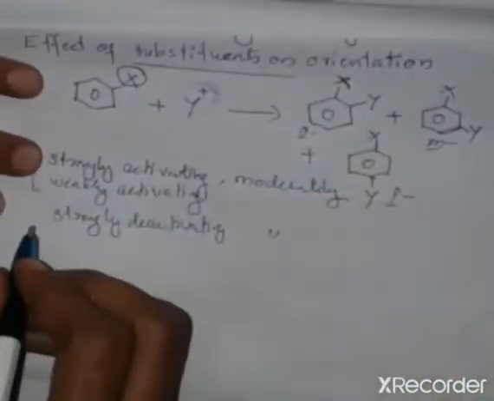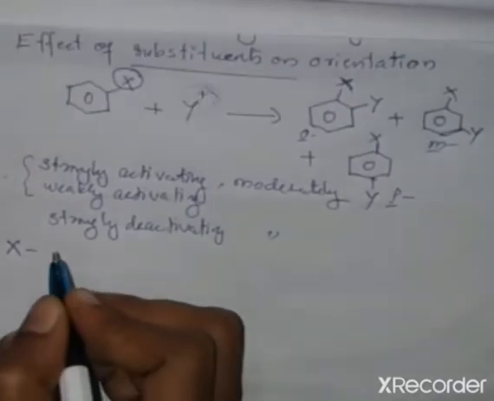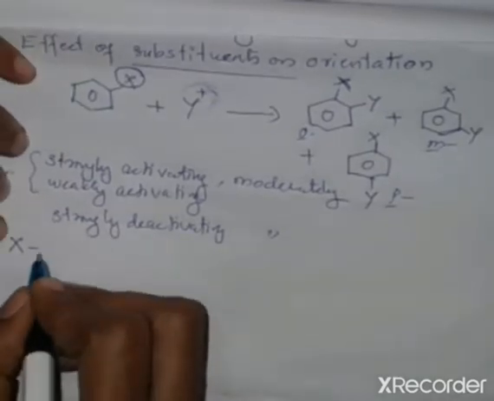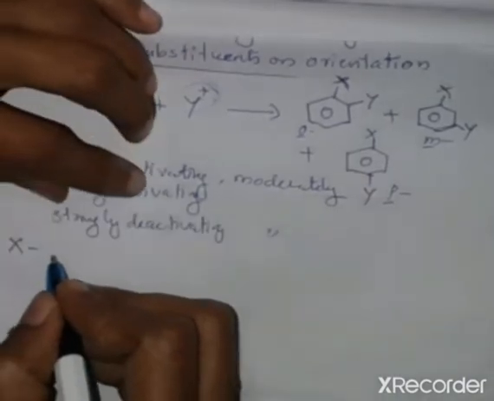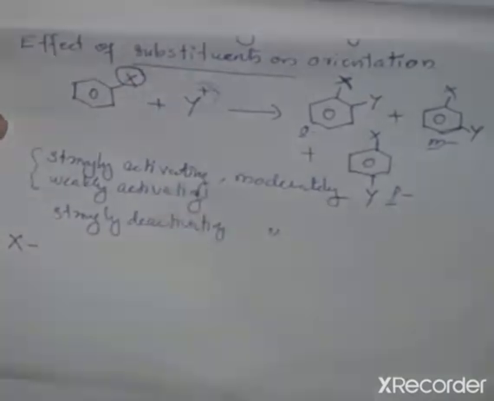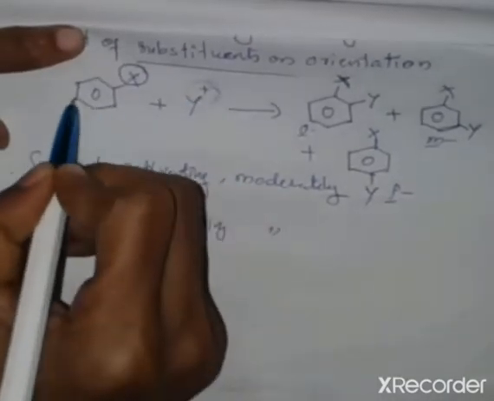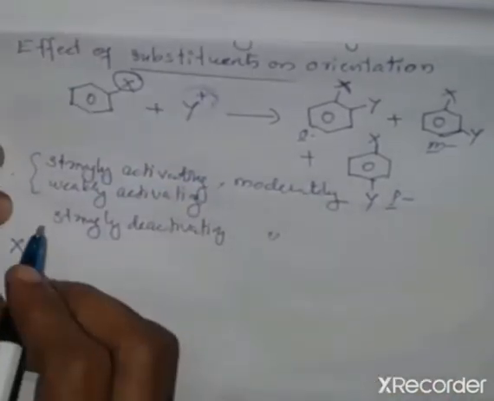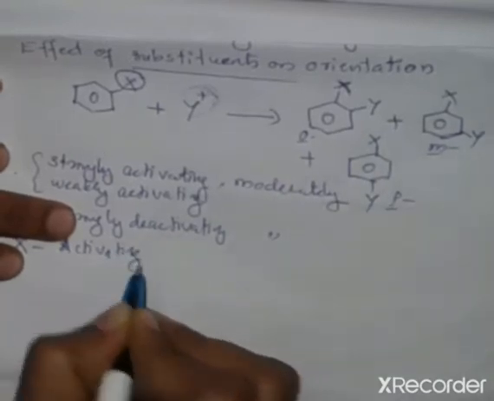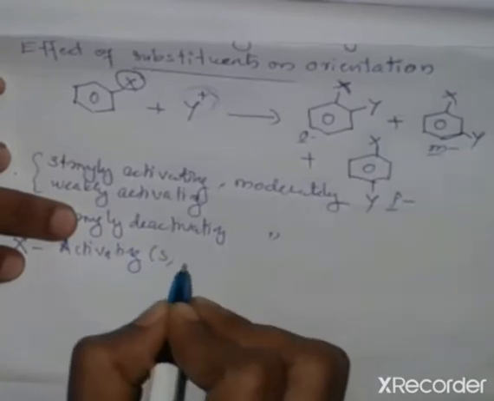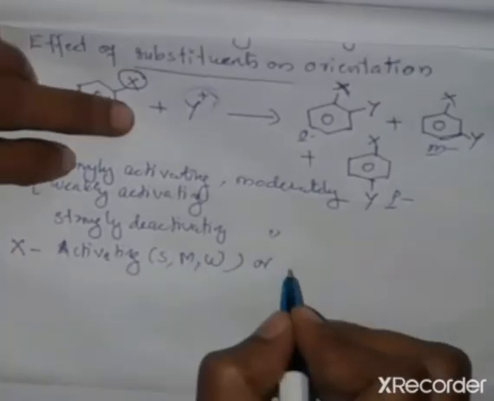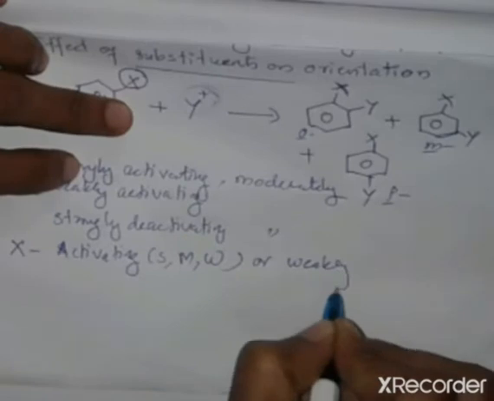If X is an activating group, whether it is strongly, moderately or weakly activating, or X is weakly deactivating, it directs the incoming electrophile to the ortho or para position.